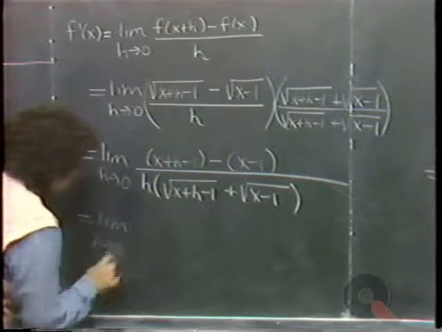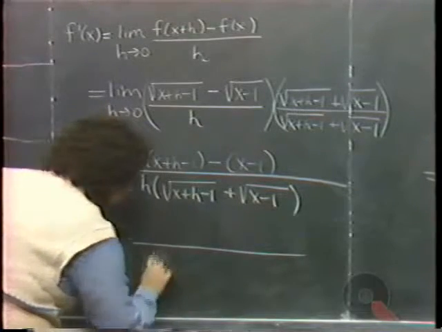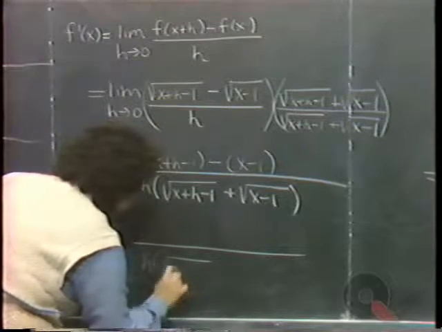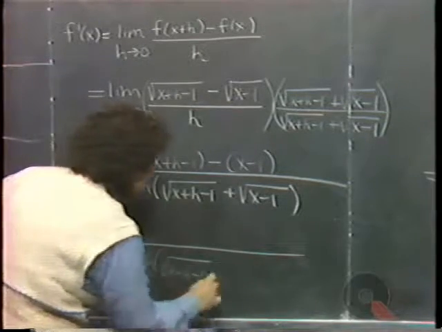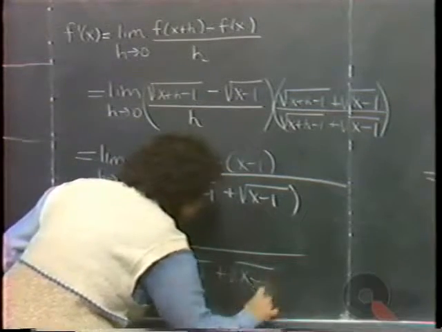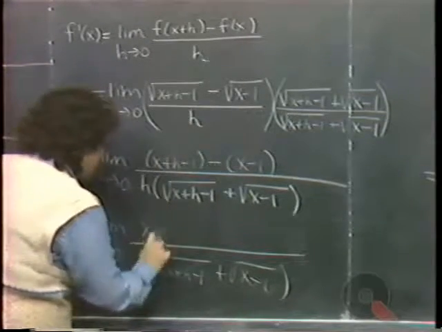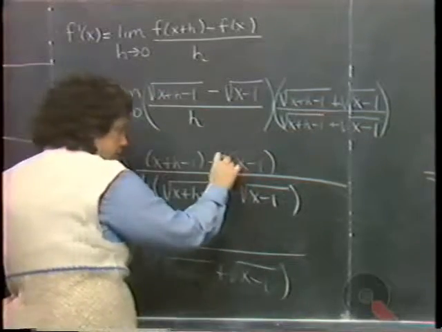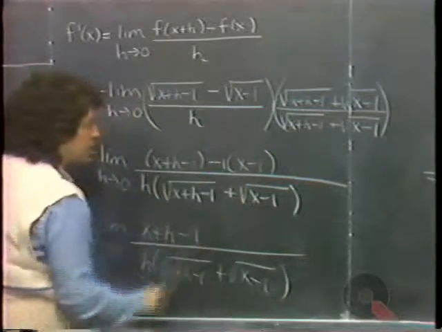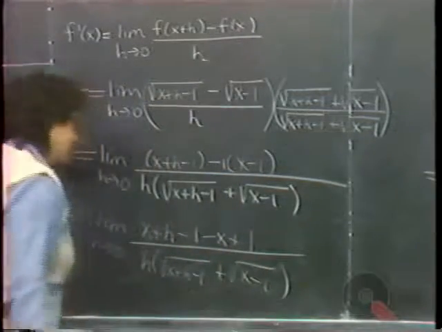Limit as h approaches 0. The denominator is still a mess. The square root of x plus h minus 1, h times the square root of x plus h minus 1, plus the square root of x minus 1. Let's see what happens upstairs. We have x plus h minus 1. Now minus, it's like a minus 1 to be distributed through the second parentheses here, minus x plus 1.